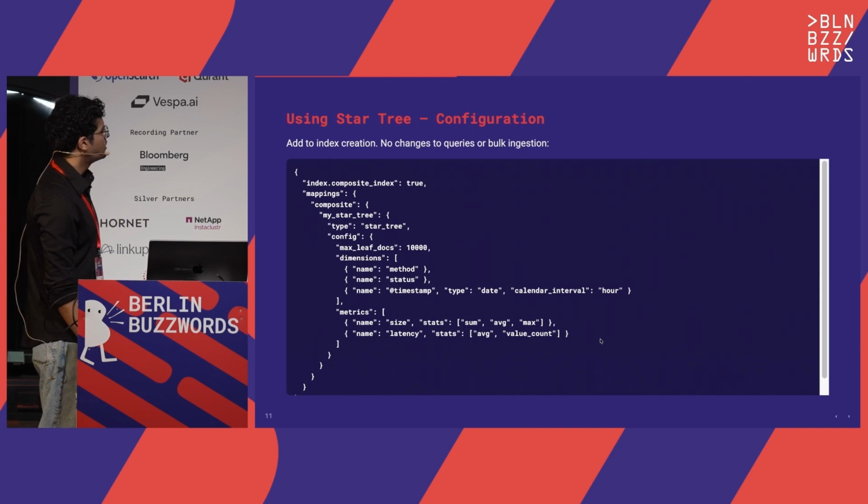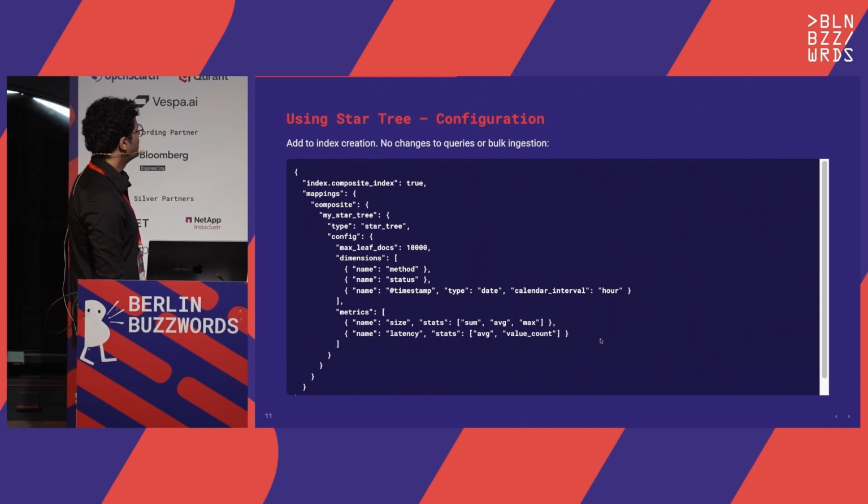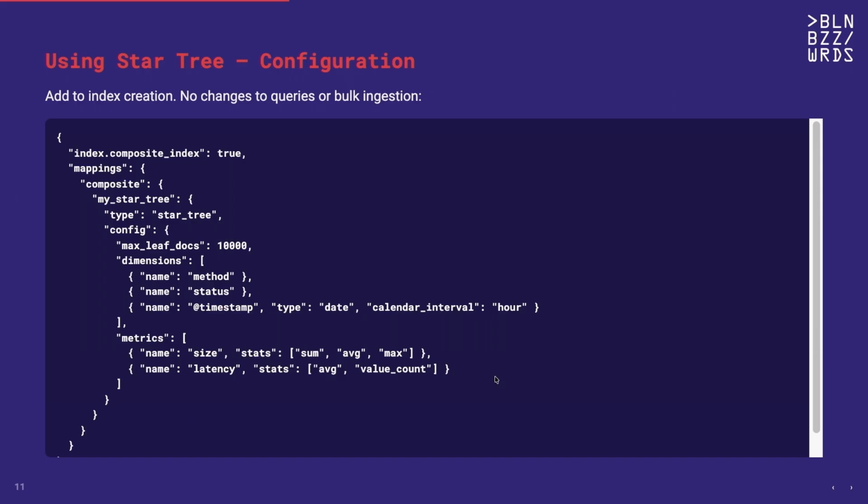Metrics are the things which we want to pre-compute. In this case, it is average of latency and sum, average, and max of size. So we just add this to the index creation. There is no change to the queries or bulk ingestion. Everything stays the same, but existing queries get optimized. They take the star tree flow, and that is it.